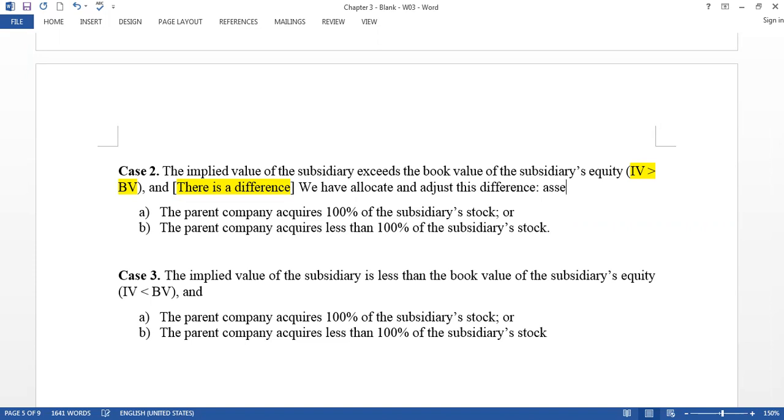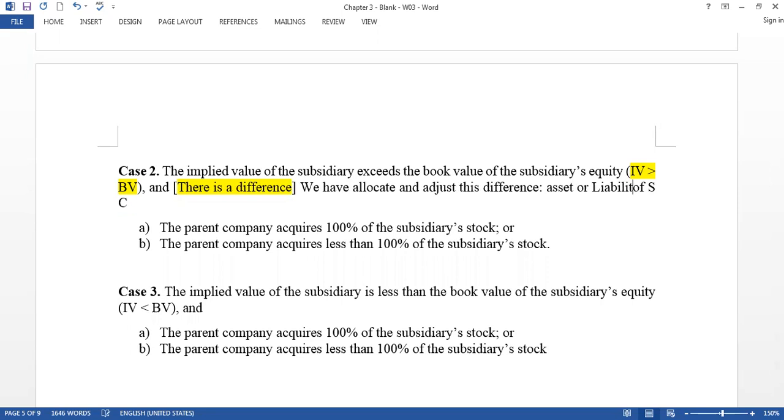Maybe in the asset or liability of S company. So you have to read the question carefully to see where we are going to adjust and allocate the difference, under asset or under liability. Do you understand? Allocating and adjusting the difference is important.